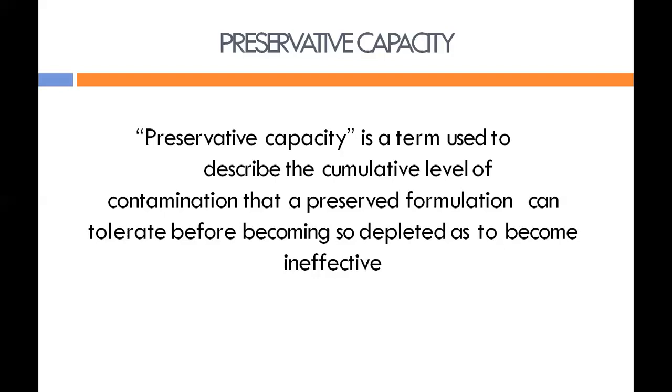So the concentrations of these preservatives to be added in the formulations are always fixed, and mostly they are added in very low concentration, so that those preservatives should not interact with other excipients and lead to destroying the formulation. So we have already learned what a preservative is, why it is to be added, and what we mean by preservative capacity.